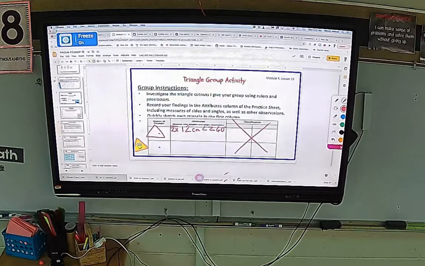All the lines, measure, all that, right? If you don't.